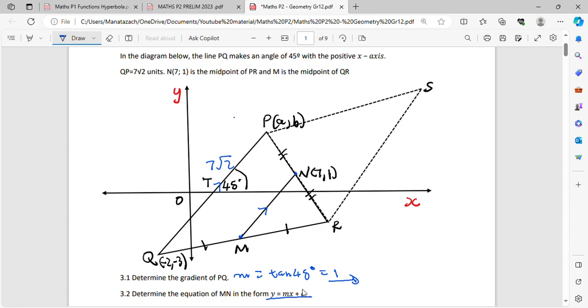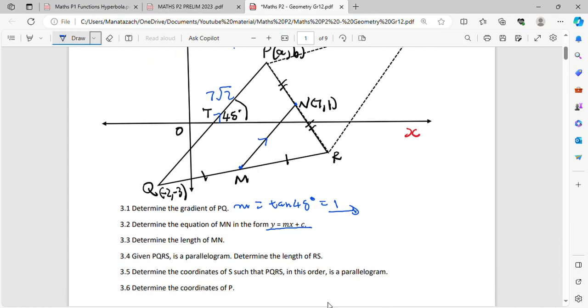Since we've established that QP is parallel to MN, that means here our m is 1. So we can write y = 1x + c. And then we're going to use the coordinates of N, which is (7, 1), to calculate the value of c.